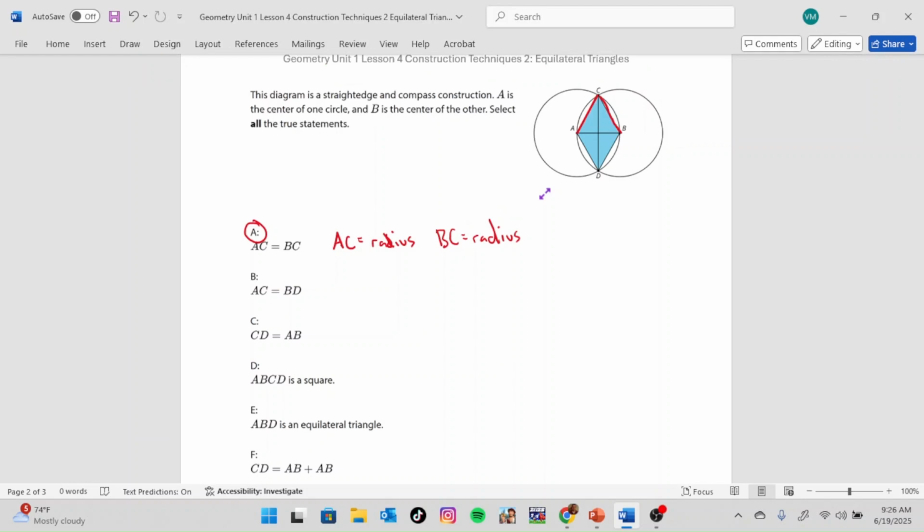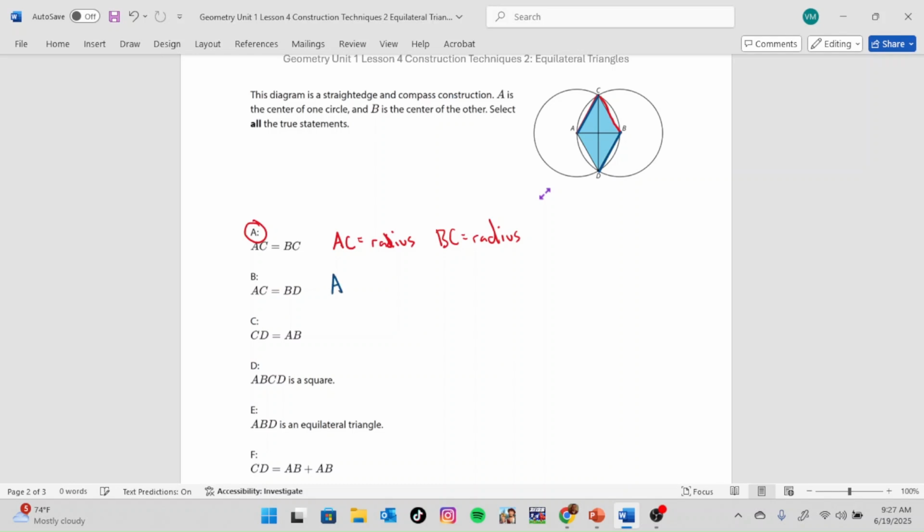Choice B. Line segment AC, again, we see that up here on the left circle, equals line segment BD, which we see down here on this right circle.